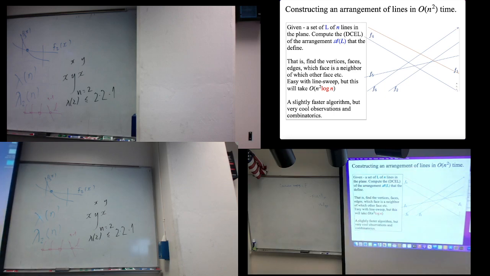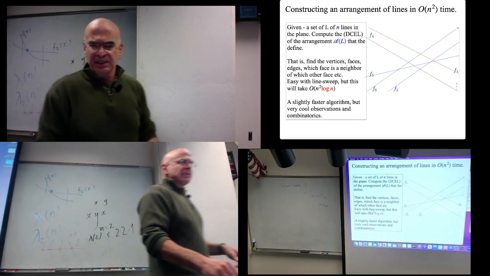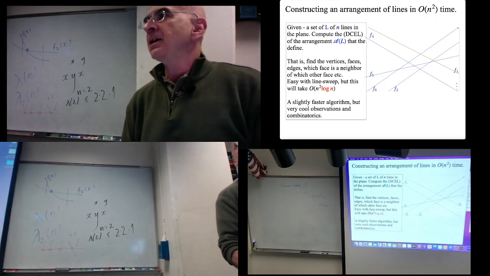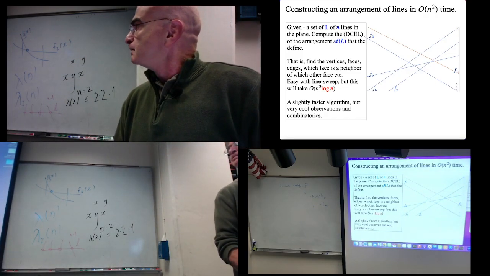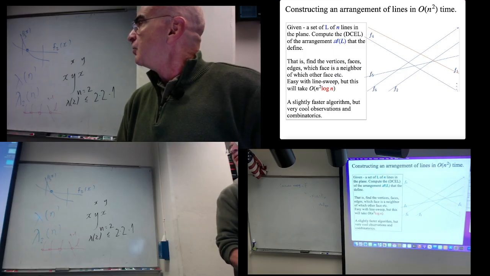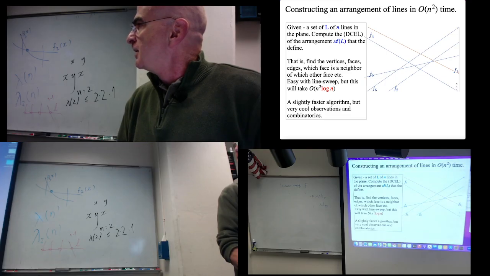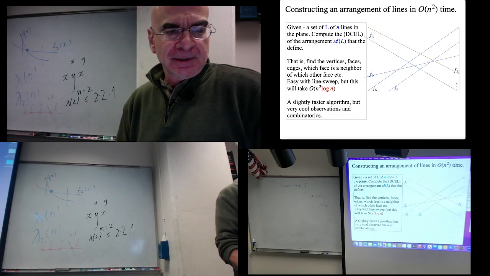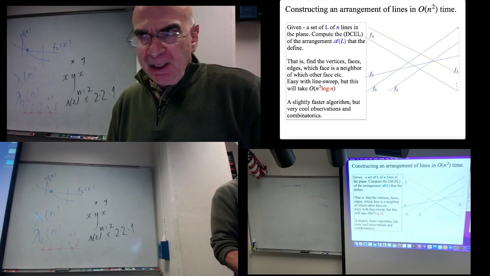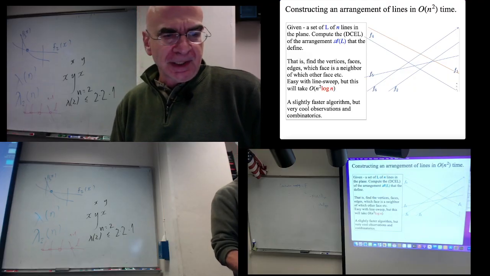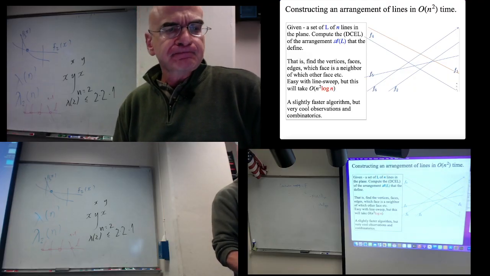So I'm just improving by a log. But it's really the aesthetics and the recycling of big ideas that I'm trying to show more than the improvement in running time. Just to shave a log would not be worth the effort.